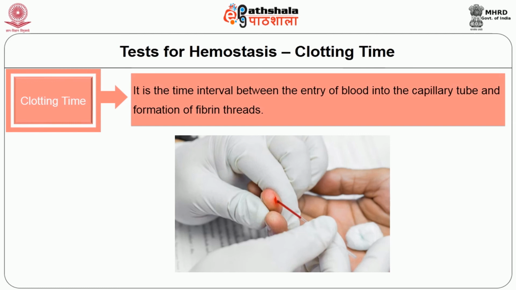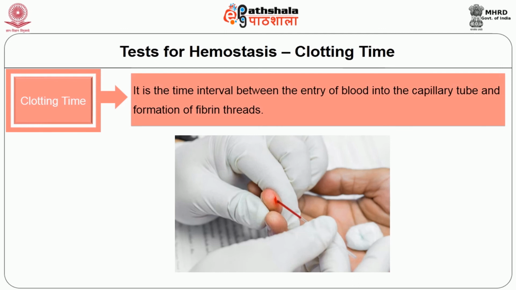Obtain a drop of blood by finger puncture, start the stopwatch. Draw the blood immediately into a glass capillary tube by placing one end of the capillary tube on the drop of the blood. Keep the tube between the palms of both the hands to keep it at body temperature for 1 to 2 minutes.